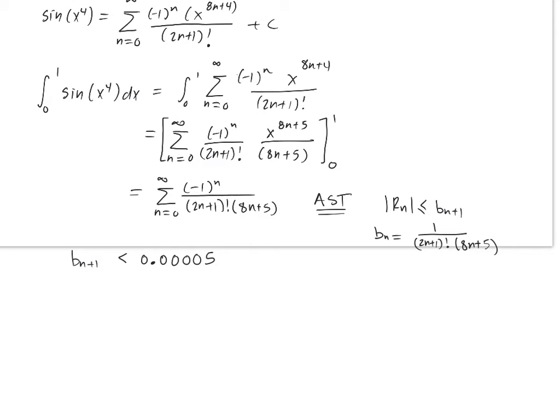That's what bn is. So now to do bn plus 1, you input n plus 1 for n, and don't forget about your parentheses.